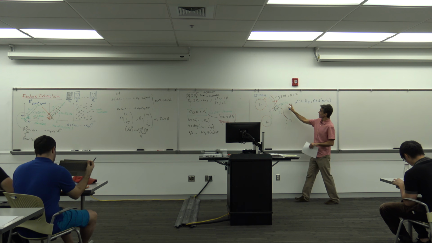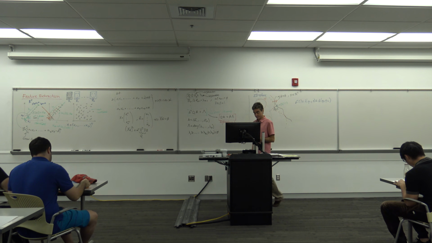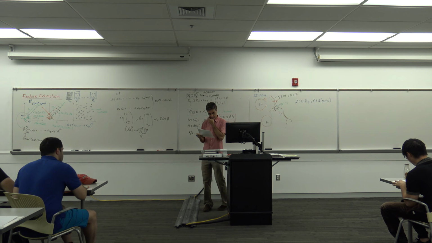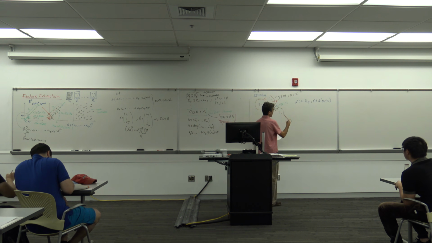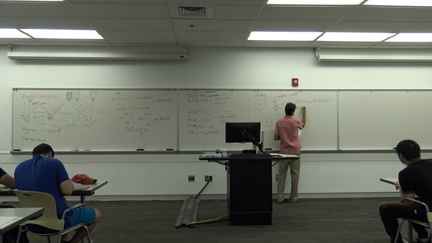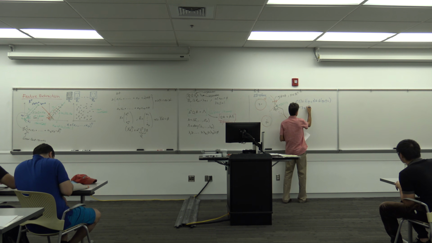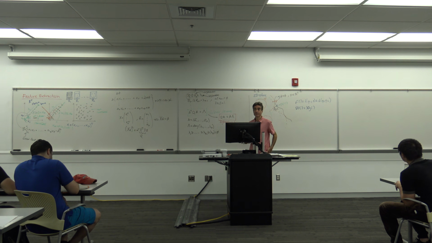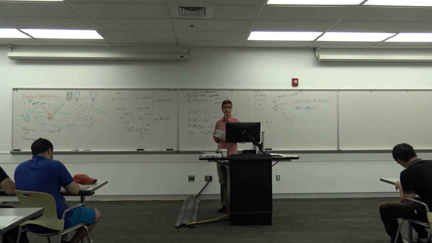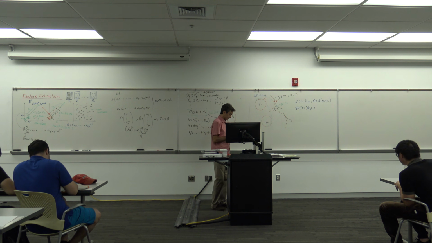And G, we have it right here. And now I know that the gradient of F has to be equal to lambda times the gradient of G. Yes? All agree? All right, excellent.